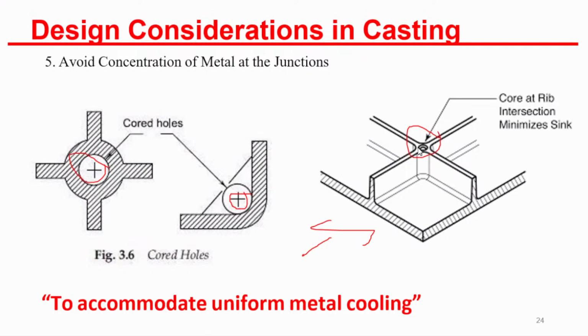If there is no proper feed of molten metal, this shrinkage causes defects such as shrinkage cavities, blowholes, and some internal voids. These are defects. Okay, so these are weak points in our casting product. This actually reduces reliability in this product. Okay.